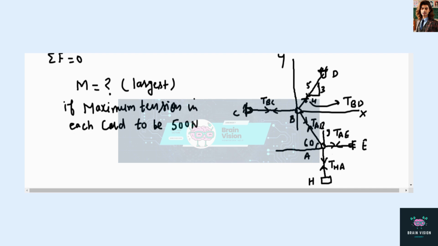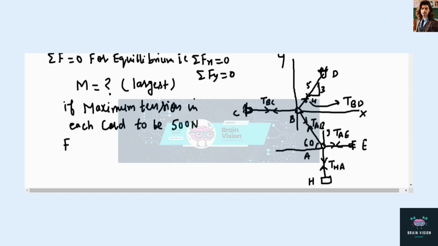So we should apply the concept of equilibrium at every point. As you know, summation of all forces must be zero. That is the condition for equilibrium, that is summation of Fx and summation of Fy must be zero.